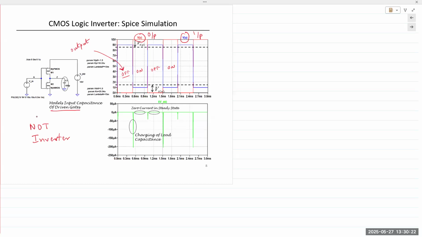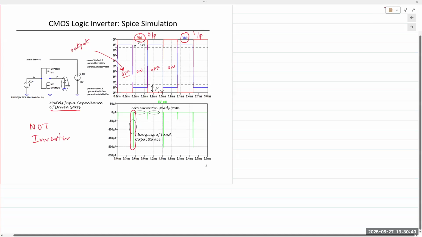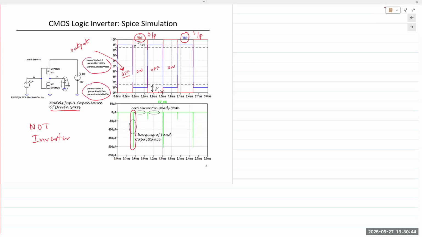Right. Now, here you see this current consumption in a sort of downward spike, just showing the capacitor is charging up and down. Okay, charging and discharging. Now, you can use the standard NMOS and PMOS devices, or you can also describe your own device parameters in there.